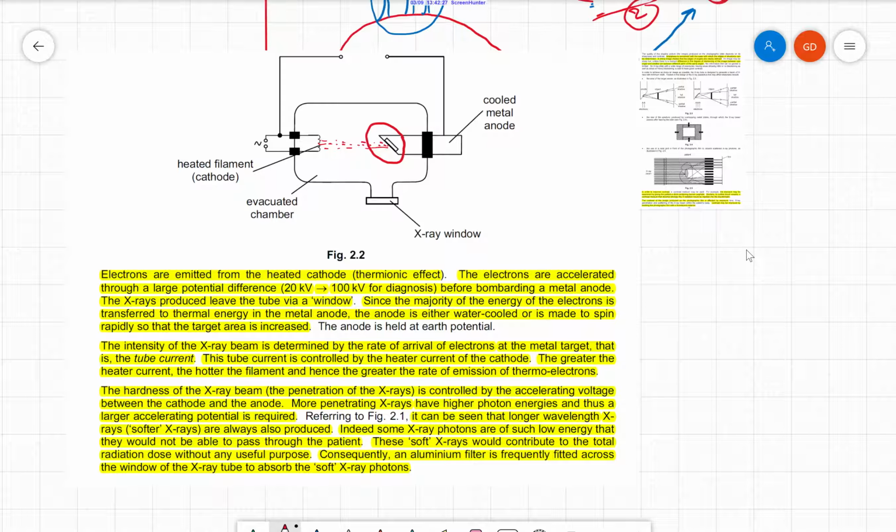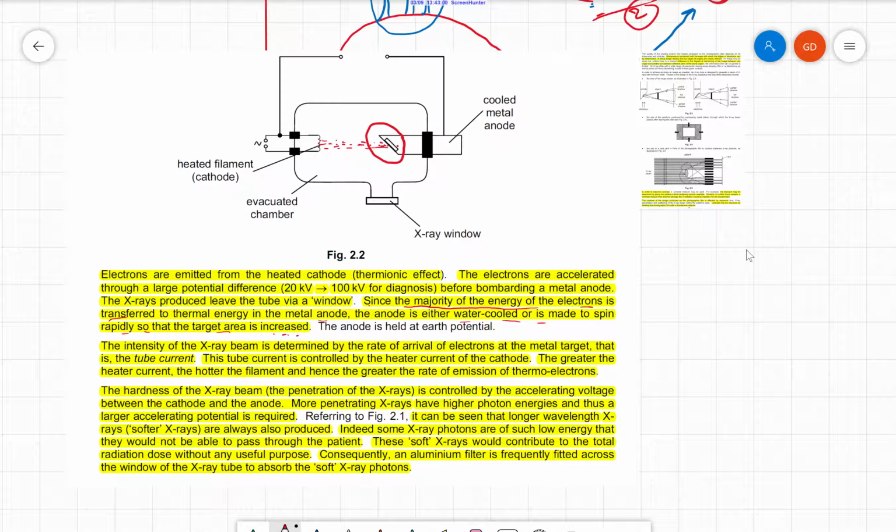Now, how to solve the problem of this heating? It is mentioned here that the majority of the energy of the electrons is transferred into thermal energy in the metal anode. The anode is either water cooled or is made to spin rapidly so that the target area is increased. Cooled down by water, this is clear.